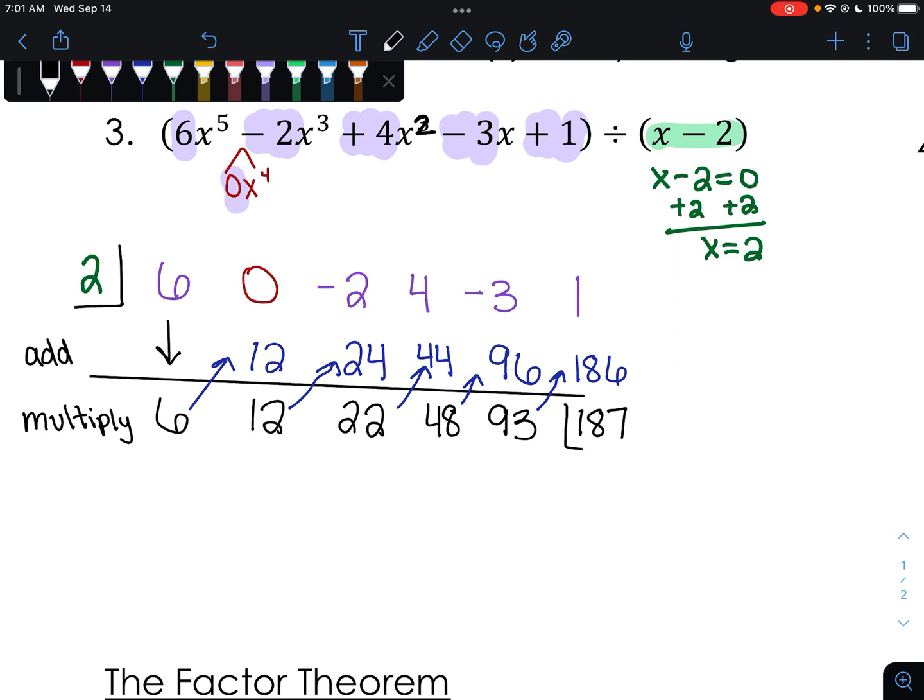So what we have here is our remainder. The last number is always our remainder. Then we work our way up. So we have our constant, our x squared, our x cubed, and our x to the 4th.